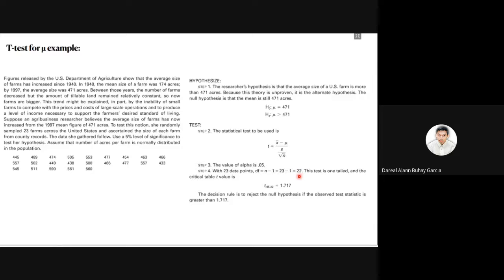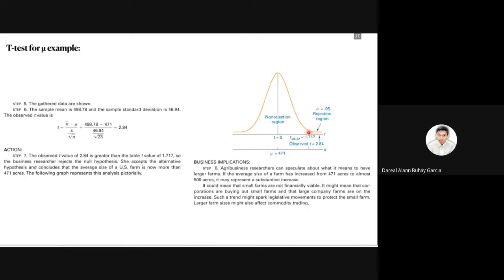So it's another table. Degrees of freedom of 22 and alpha of 0.05. So that value will be 1.717. So this 1.717, where is this on our bell curve? It's right here. Okay, so above 1.717, that is our region of rejection.